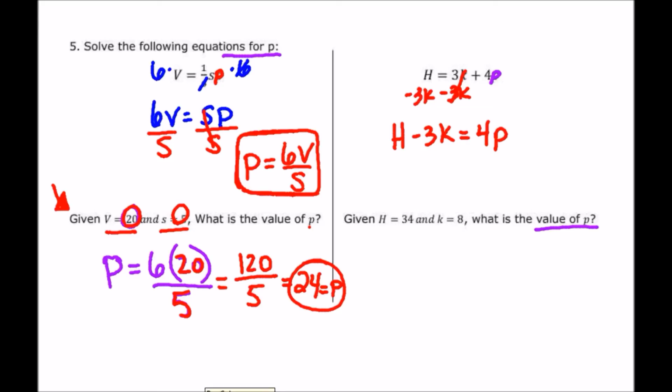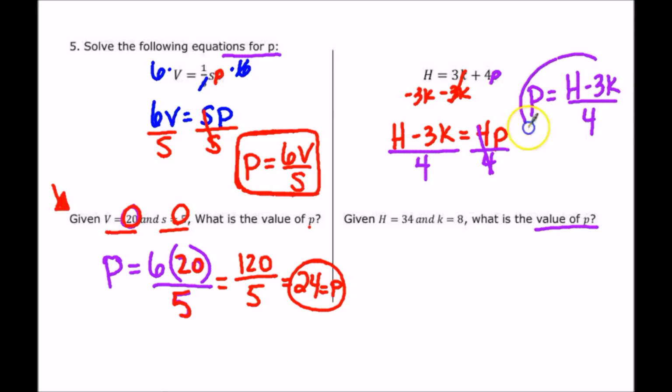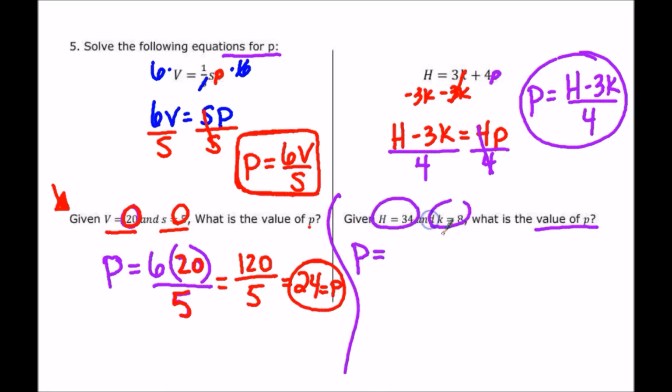But I still need to get rid of the 4. So the opposite of multiply by 4 is divide by 4. And what I do to one side, I do to the other. So we could technically say our answer is, in this case, H minus 3K over 4. Okay, you could split it up if you'd like, or you can leave it all. So here, let's rewrite this. We've got P equals, but this time it says H is 34 and K is 8.